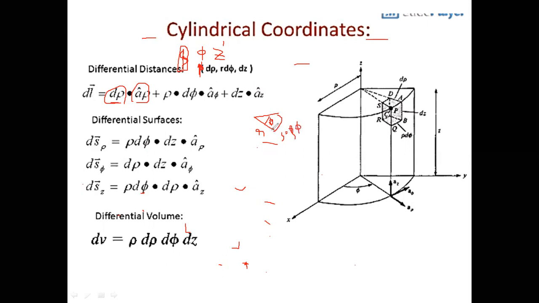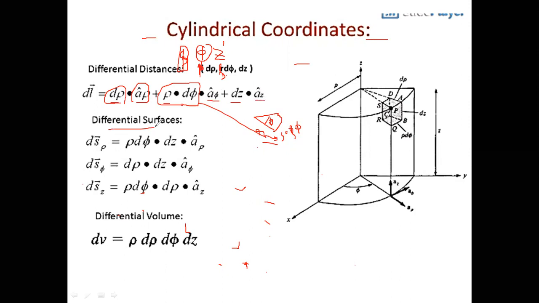So the length in the direction of a phi will be rho d phi. This can be obtained from the formula S equals r theta. And z is the length, so no need to apply any other formula. So dz in the direction of az.